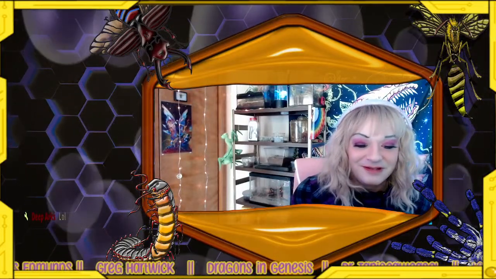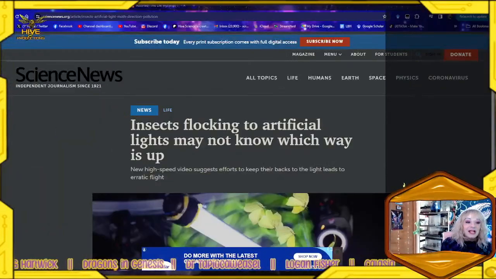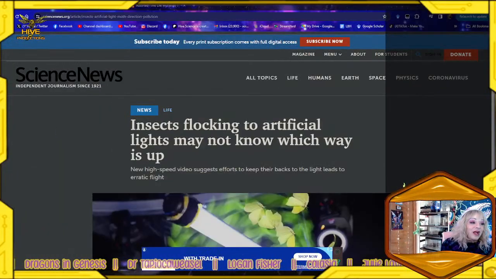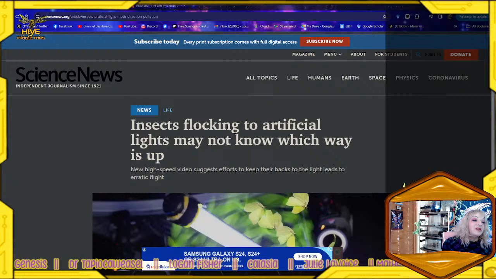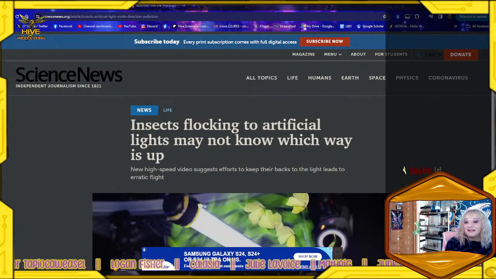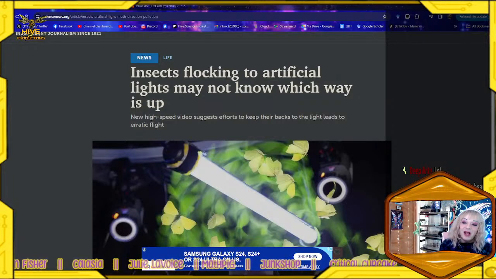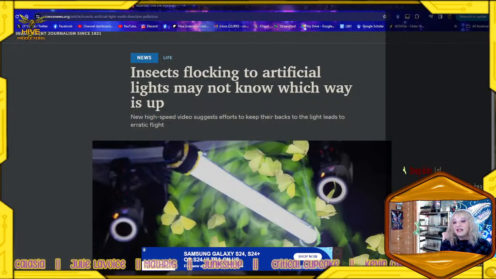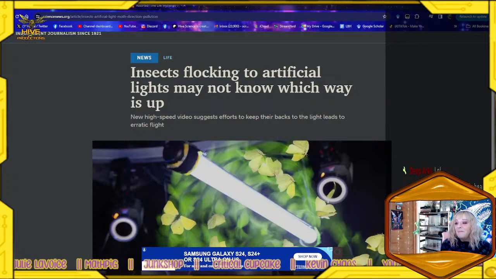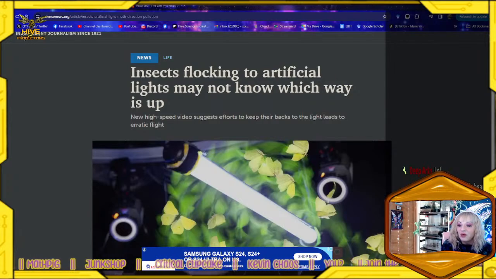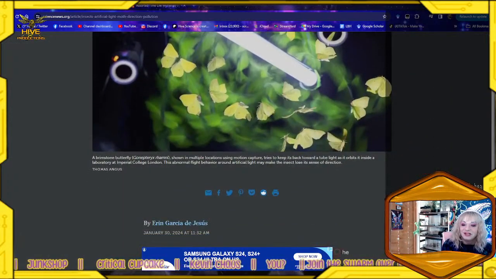So, here we go. This is: insect flocking to artificial light may not know which way is up. New high-speed videos suggest efforts to keep their back to the light lead to erratic flight.